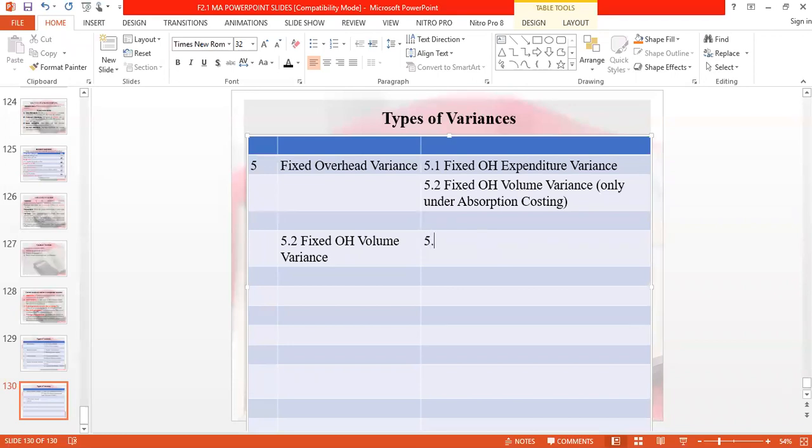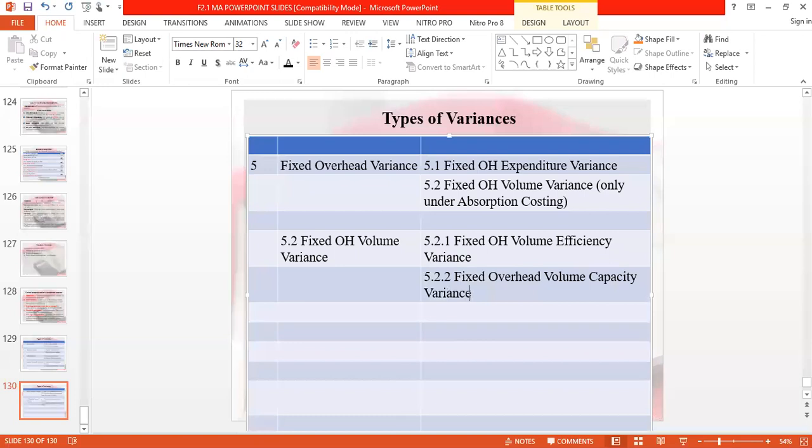There is 5.2.1, fixed overhead volume efficiency variance, and 5.2.2, fixed overhead volume capacity variance.